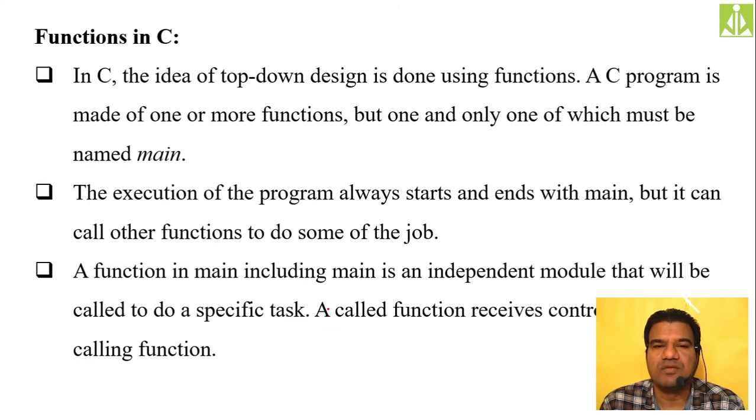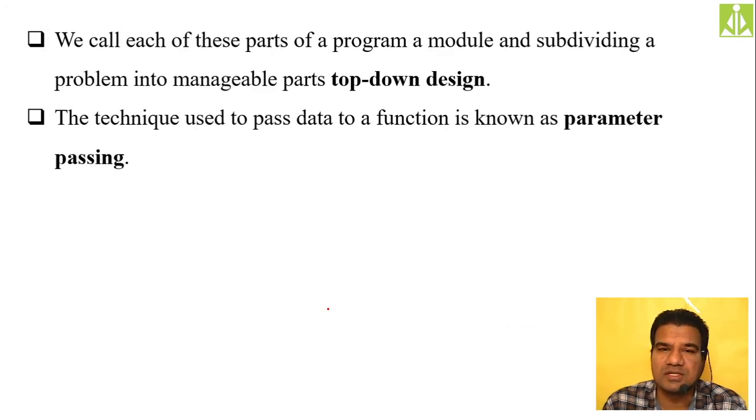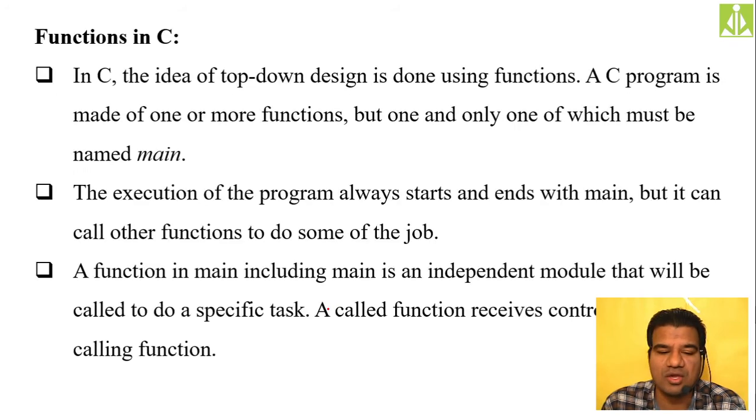Okay, so functions in C. After subdividing the complex problem, the smaller modules that we are getting in our program, we call them functions. In C, the idea of top-down design is done using functions.